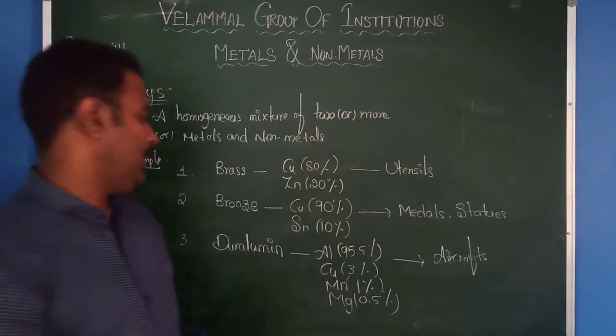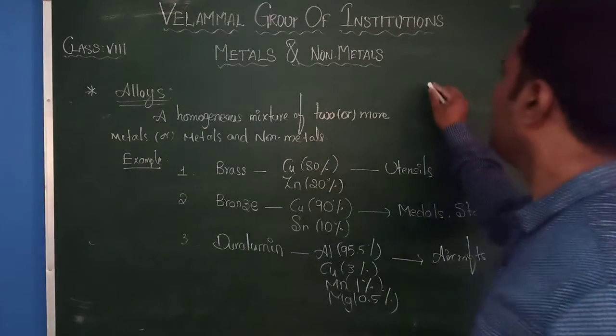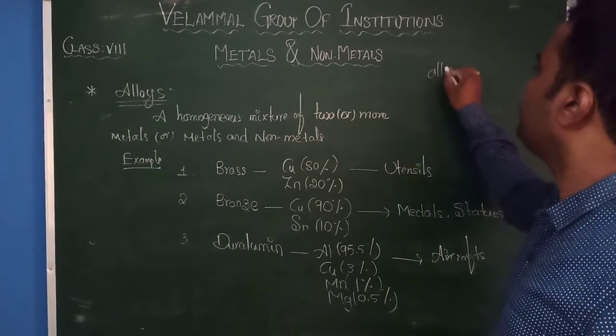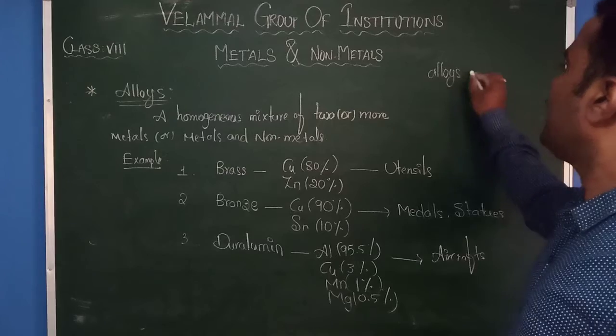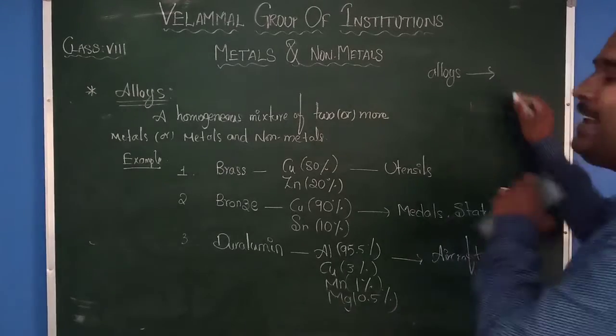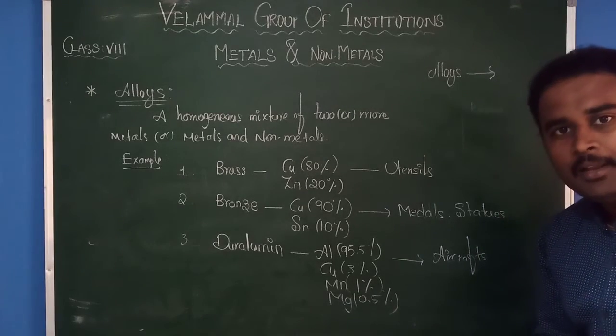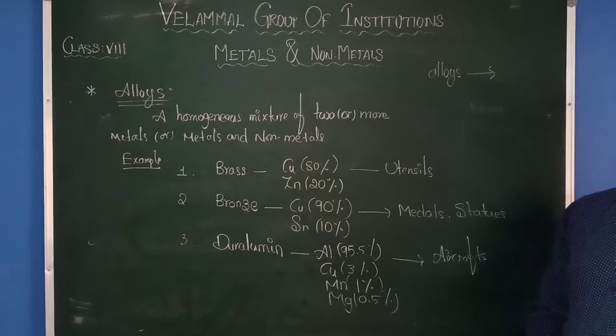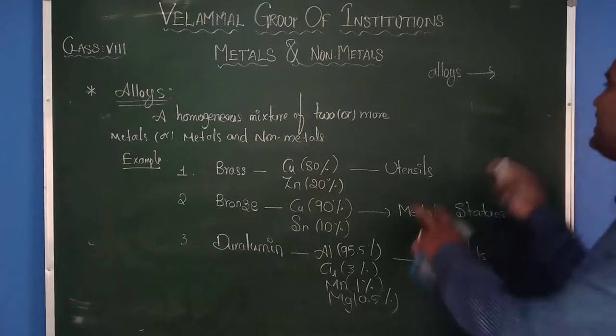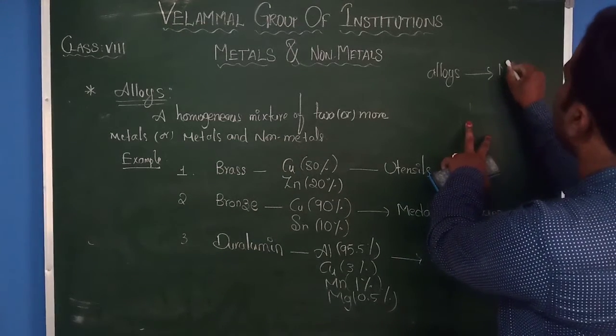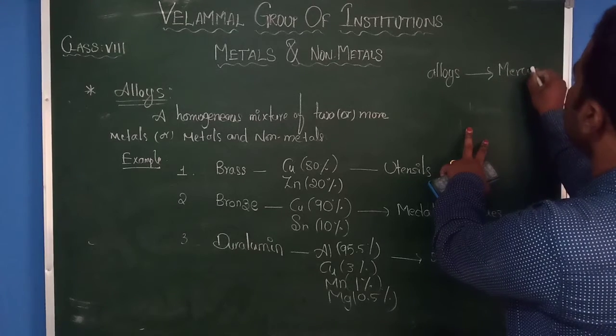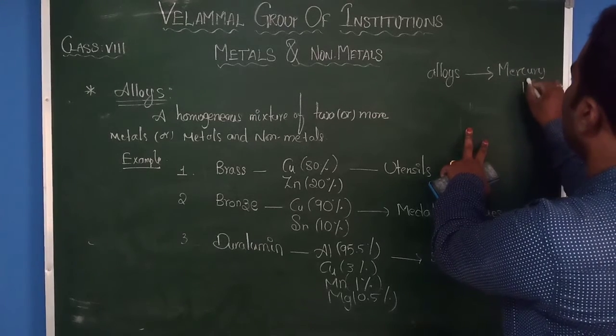One more important point here: if any alloy contains one liquid metal, what is that liquid metal? Already we learned in the previous class, the only liquid metal is mercury, symbol Hg.